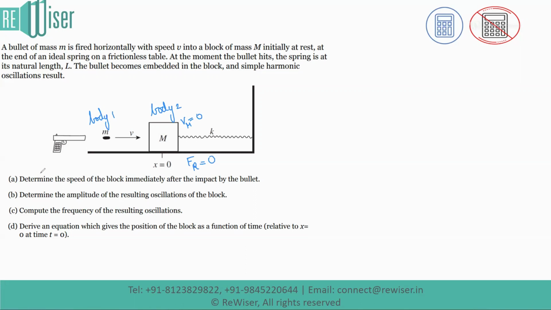So part A, determine the speed of the block immediately after the impact by the bullet. To solve part A, we're going to use conservation of linear momentum in one dimension.